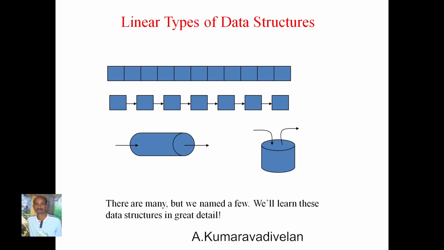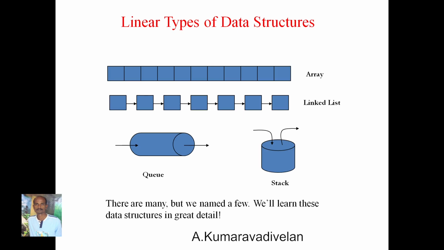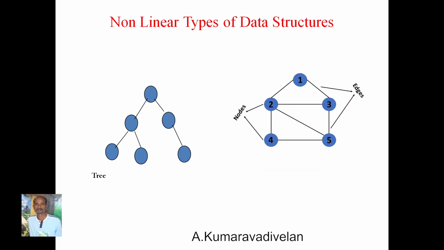Array, linked list, queue, and stack. This is the structure representation of array, linked list, stack, and queue. This is tree and graph, the non-linear types of data structures. We will see detailed information about the linear and non-linear types of data structures in upcoming videos.